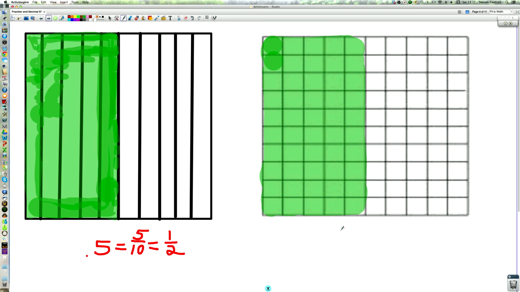Now, same thing over here. This is not just 0.5, this is 0.50, because I've multiplied this by 10. This is out of 100, right? But that still equals 50 over 100.